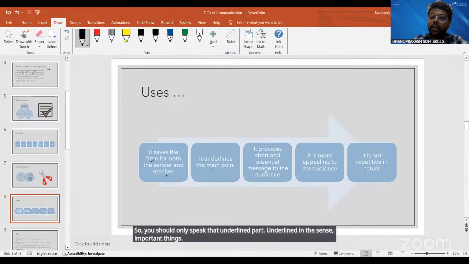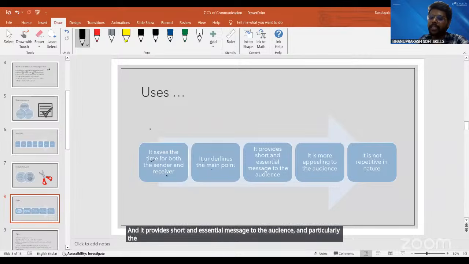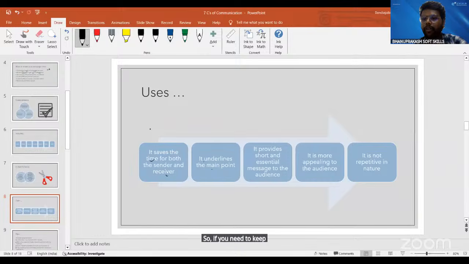It provides a short and essential message to the audience, particularly for the presentation that we spoke about in the previous class. If you keep everything short, others will find that interesting, and it is more appealing to the audience too. And you should never repeat it again and again unless it is a most important part.